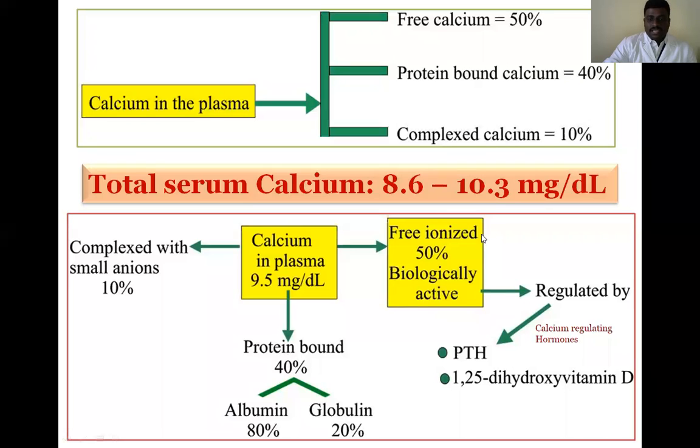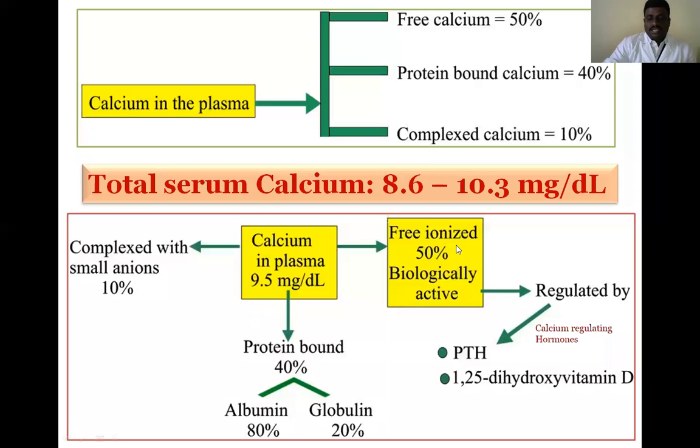Free ionized calcium, at 50%, is the only biologically active calcium. That means when free ionized calcium is available in the blood, it actively participates in the different metabolic reactions.